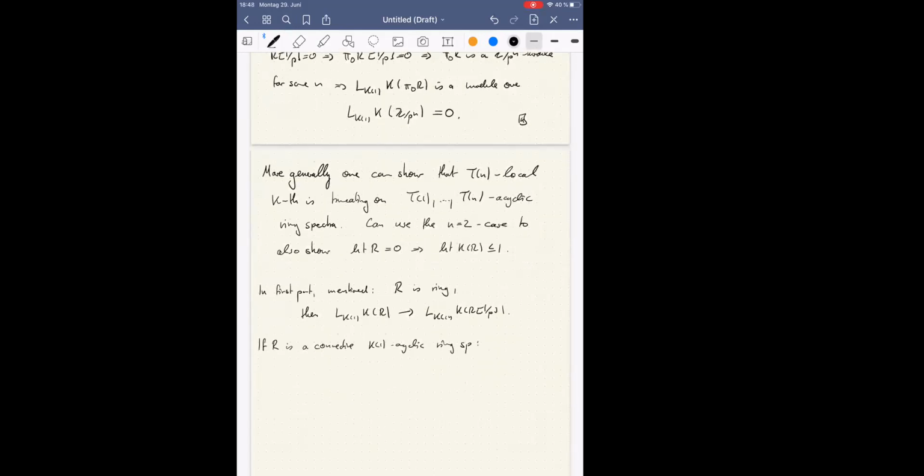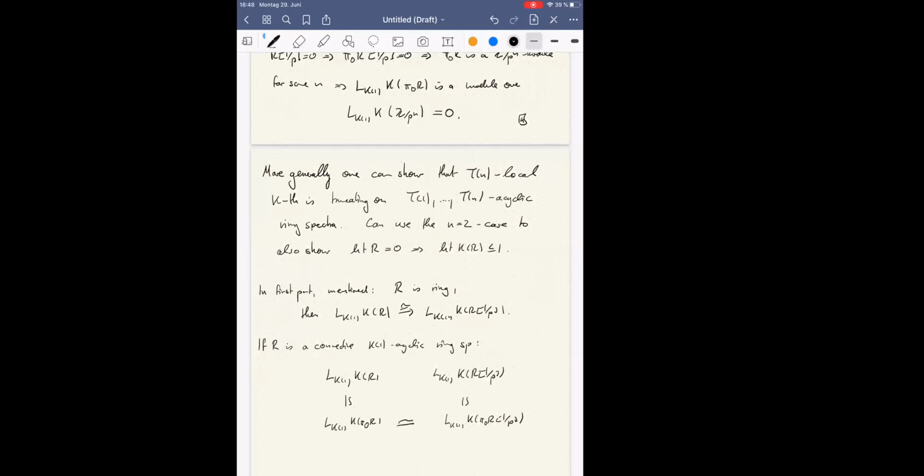I can now do the following. So I forgot to write equivalence. So if I have the K1 local K-theory of R and the K1 local K-theory of R 1 over P, I can use that it's truncating, and this I know to be equivalent by what I said before.